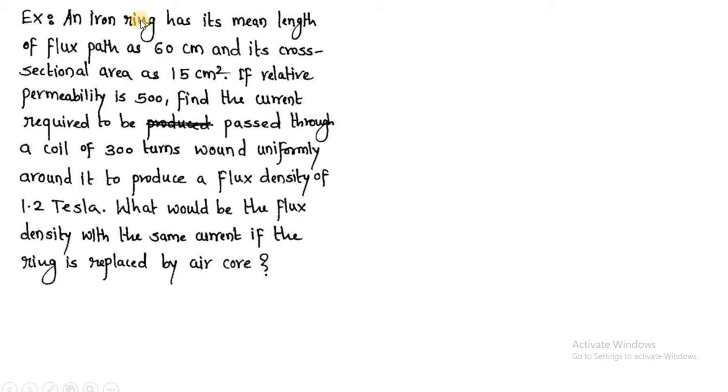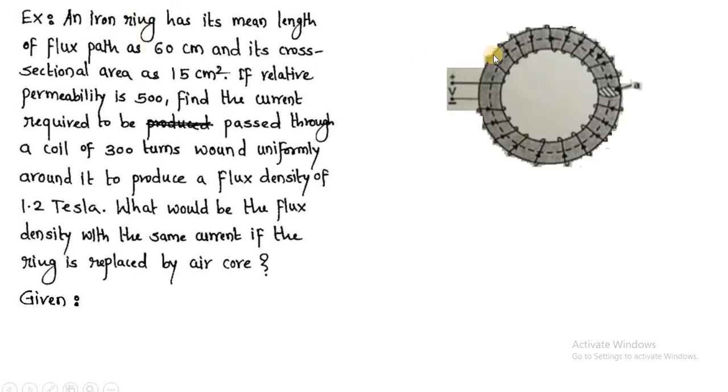Okay, it's a toroid. Imagine a toroid. So this is the iron toroid, and over this iron toroid, we have taken 300 turns of coil, and the permeability of that iron material is 500.